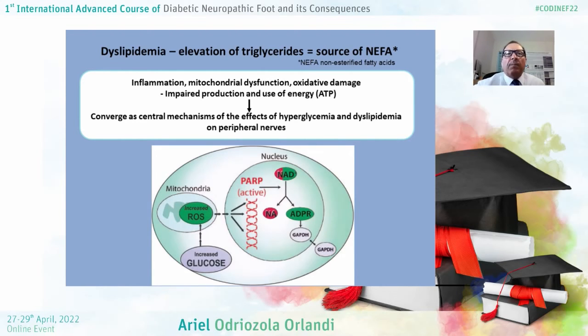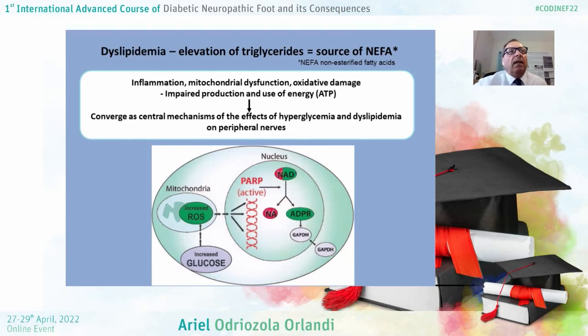And what happens with the increase of glucose? This increase of glucose increases reactive oxygen species, and this acts in the nucleus of the cells, altering part of the chain and producing activation of the inflammatory pathway.